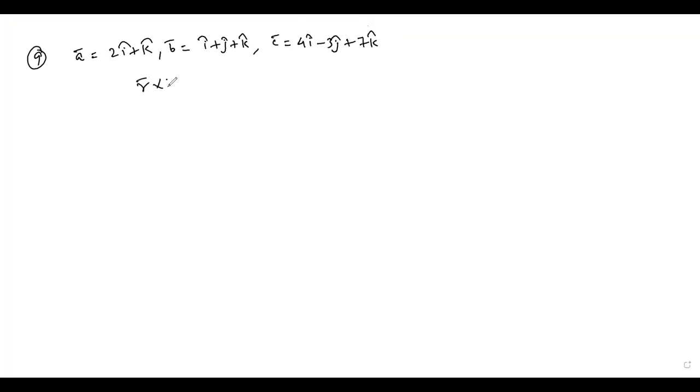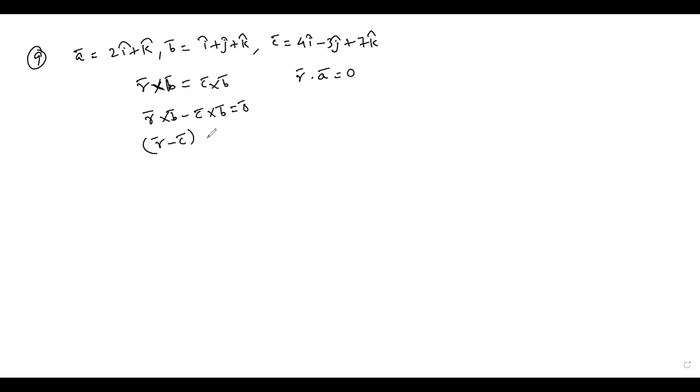Given R bar cross B bar is equal to C bar cross B bar. Given R bar dot A bar equal to 0. That means perpendicular. Here, the C bar cross B bar, take this side. R bar cross B bar minus C bar cross B bar equal to 0 bar. I will take B bar common.